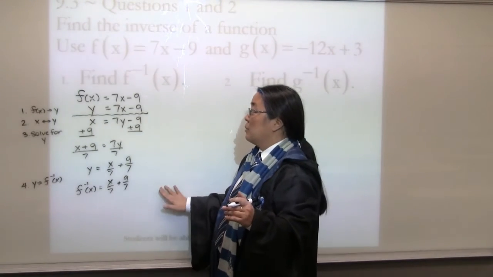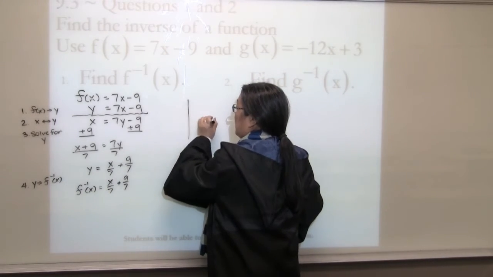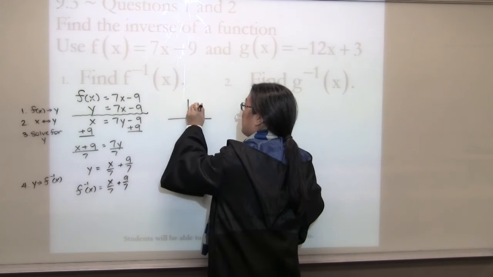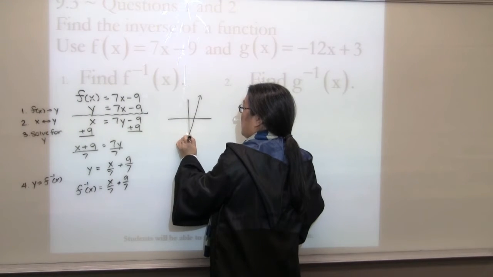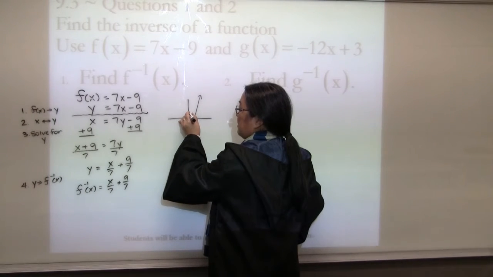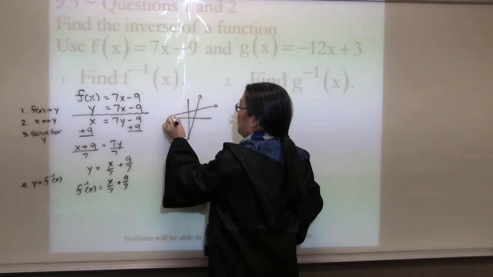Later on in 121, when we graph these, what's going to happen is we're going to have this crossing at -9 with a positive 7 slope. This is a bad drawing. This is going to cross at 9/7 with a 1/7 slope.